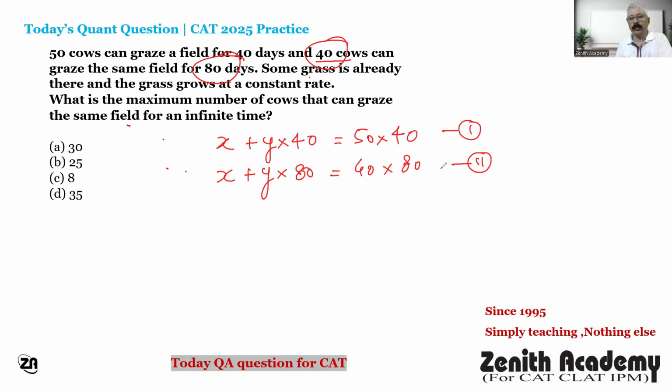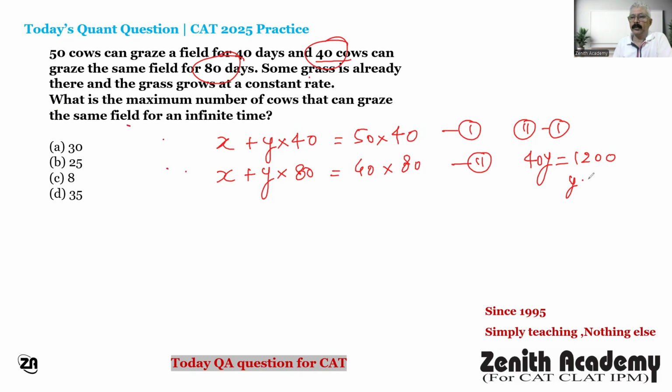So if we take these two equations and subtract 1 from 2, X cancels. Here 80y minus 40y is 40y. And here 80 into 40 is 3200, and 50 into 40 is 2000. 3200 minus 2000 is 1200.